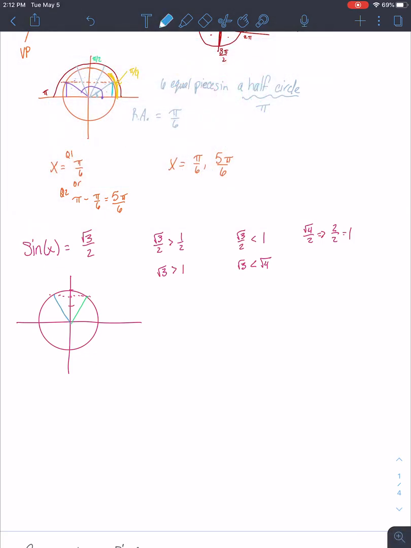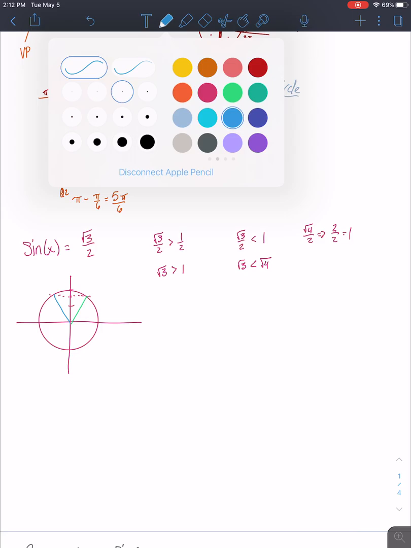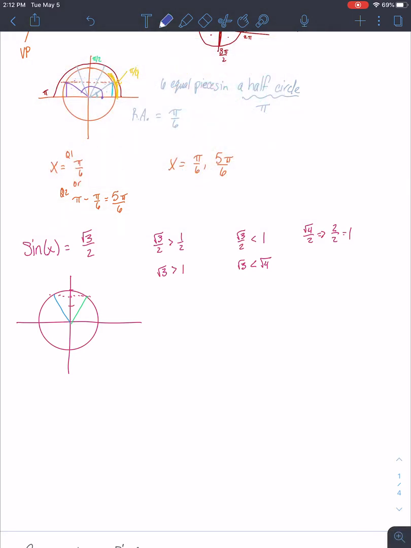And this time, I've already sliced up my half circle into 3 equal pieces. Here's one piece, here's the second piece, and here's the third piece, which means that there are 1, 2, 3 pieces in pi radians, or each is then pi over 3.